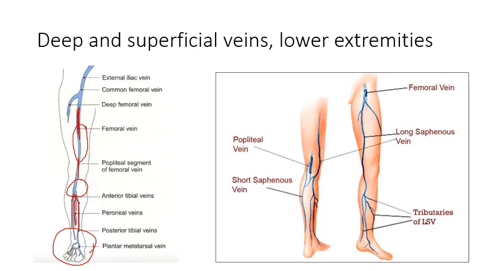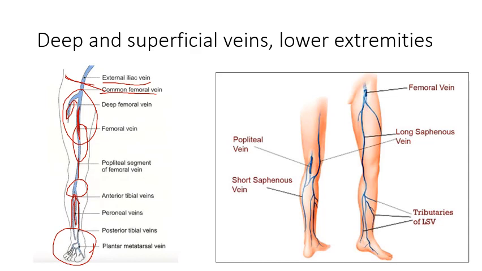There's one called the superficial and one called the deep, but they're both part of the deep system, and they join to become the common femoral vein. And then as it moves towards the heart and it crosses the groin, it changes its name to the external iliac vein, just like the artery going the other way changes its name from the external iliac artery to the common femoral artery.